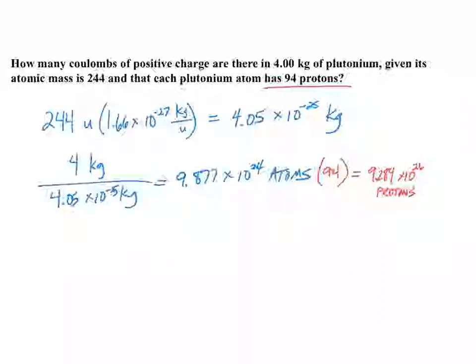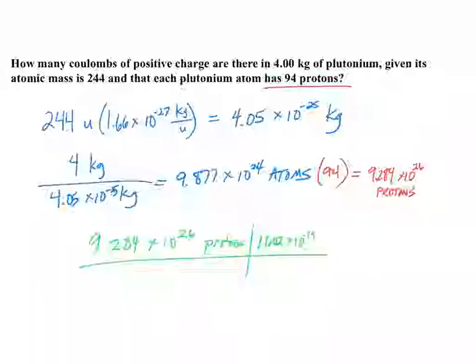All right. So lots of protons, 10 to the 26 protons in this thing, and how many coulombs of positive charge? Well, I'm going to take that number, 9.284 times 10 to the 26 protons. Protons are also a fundamental charge unit, and there are 1.602 times 10 to the minus 19 coulombs per proton.